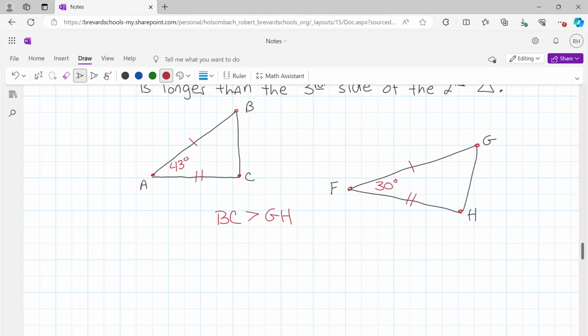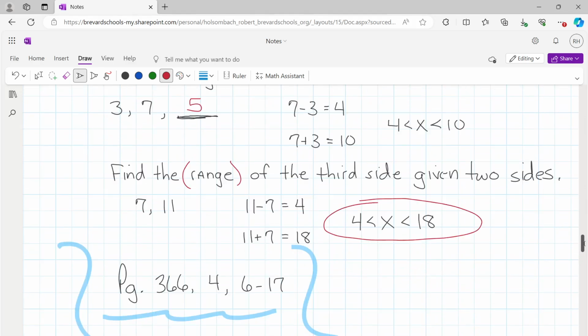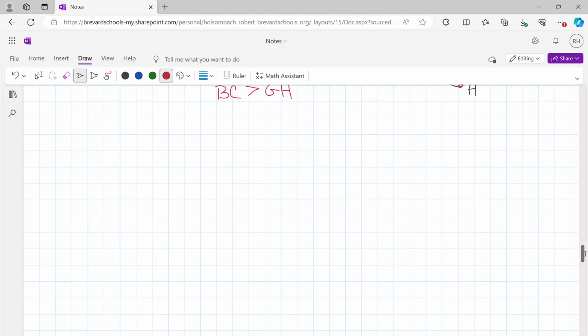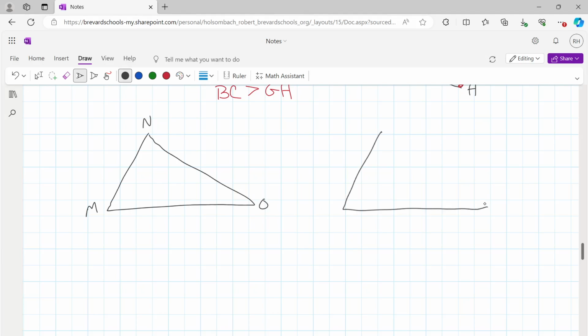So then let's look at two different triangles. Let's take a triangle MNO, and then right next to it, very similar to it, triangle XYZ.